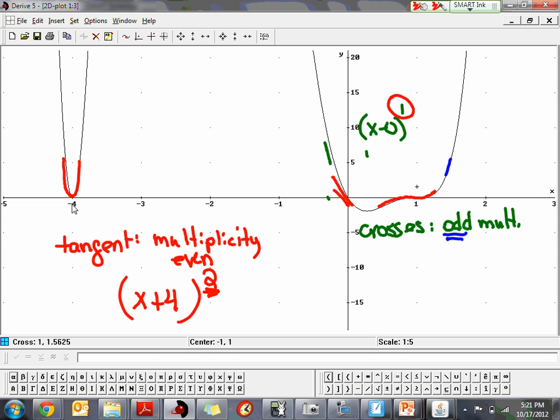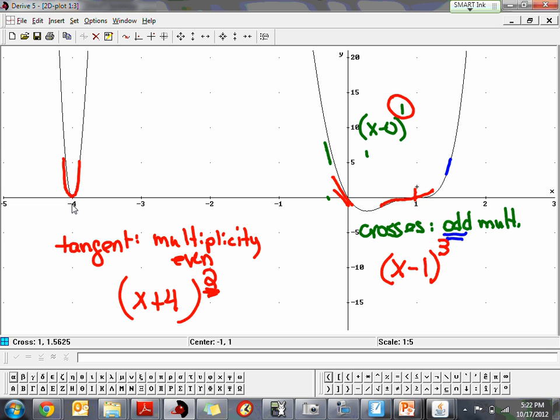It's a multiplicity of 1. If it flattens and crosses, we're probably thinking a multiplicity of 3. Now it's hard to tell if it's 3 or 5, so we'll keep things fairly simple here, and we'll talk about multiplicities of 3, 2, or 1. But because it's crossing here at a positive 1, that means our factor had to be x minus 1. We're thinking it has a multiplicity of 3 because it flattens and crosses.